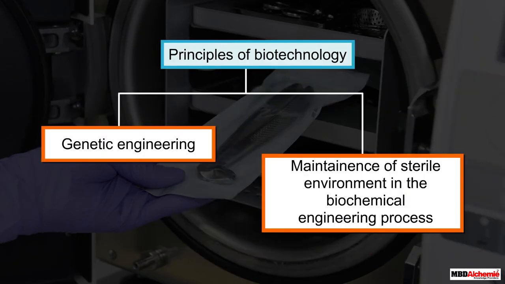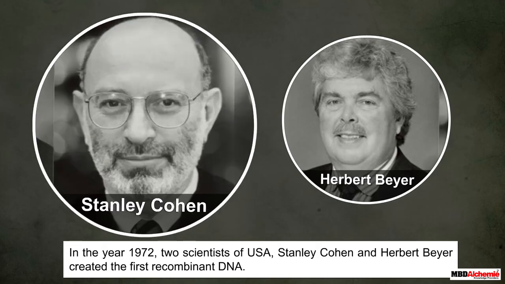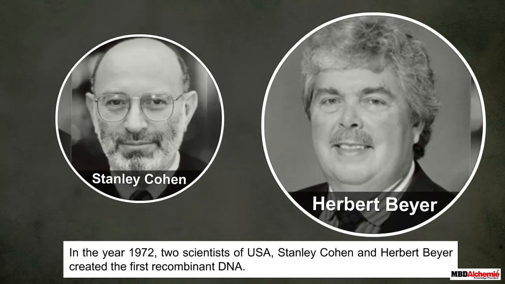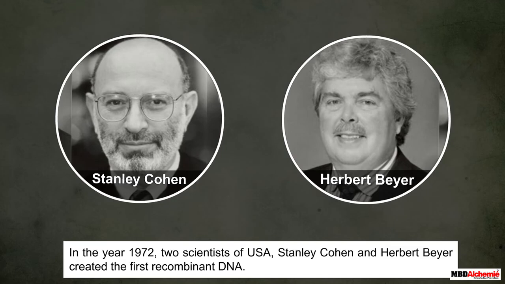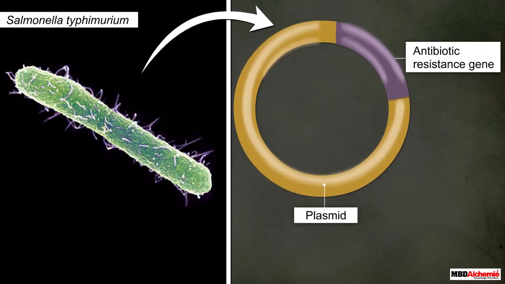Now that you have understood the two principles of biotechnology, let us understand how the first recombinant DNA molecule was created. In the year 1972, two scientists of USA, Stanley Cohen and Herbert Baer, created the first recombinant DNA. The steps are listed below. They isolated an antibiotic resistance gene from a plasmid of the bacterium Salmonella typhimurium.